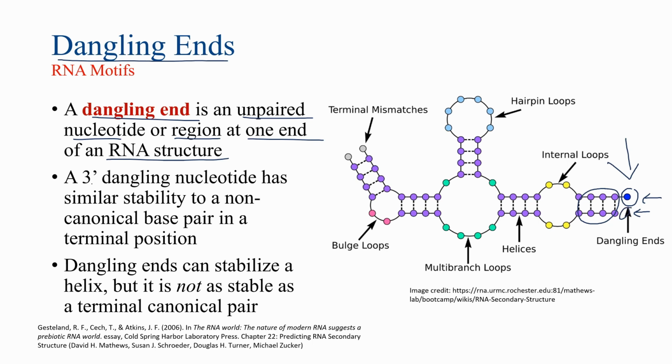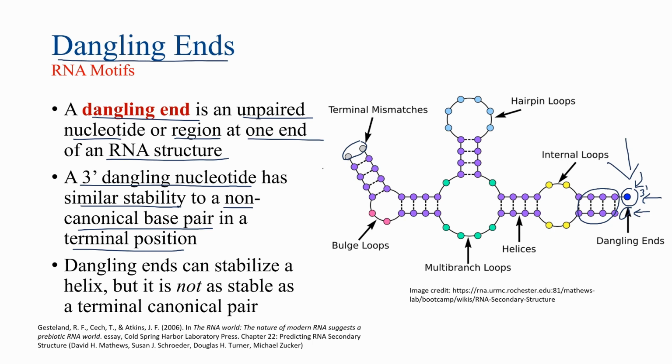Now, particularly a 3' dangling nucleotide has a similar stability to a non-canonical base pair in a terminal position, meaning that if we assume that this right here is a 3' dangling end, then this 3' dangling end would have the same stability as if those terminal base pairs that we see here were a non-canonical base pair.